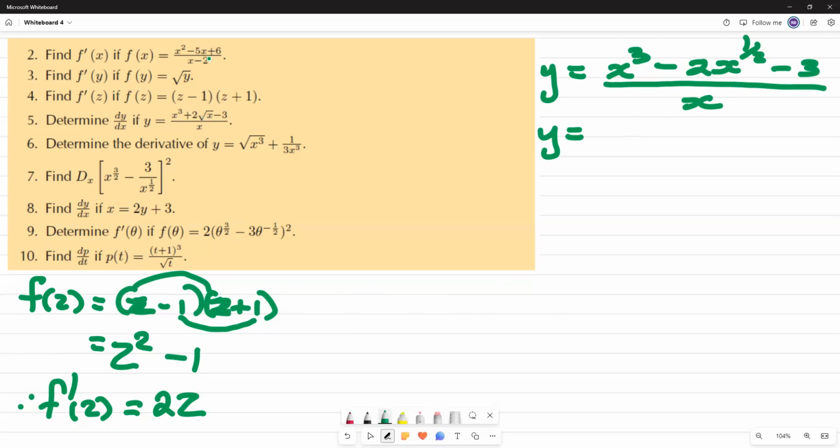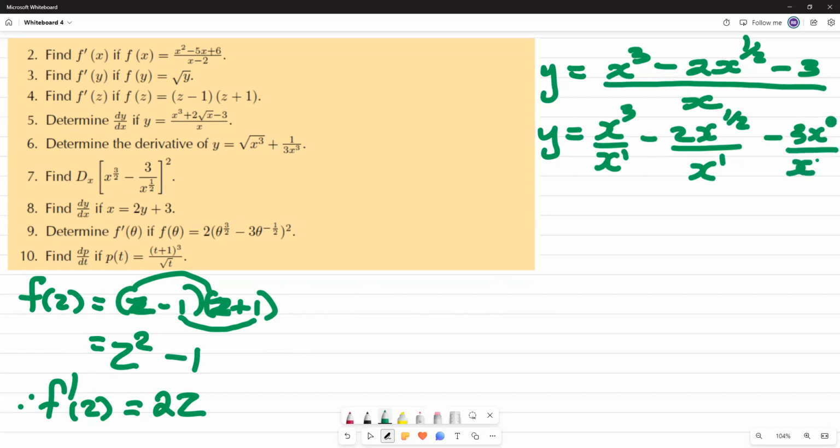Here I couldn't distribute because I had 2 terms, but here I have 1 term, so I'm going to easily distribute. So it's going to be x cubed over x to the power 1, then minus 2x to the power half over x to the power 1, minus 3 over x. I can put x to the power 0 there to make things easier. Then here I'm going to have x to the power 1, right?